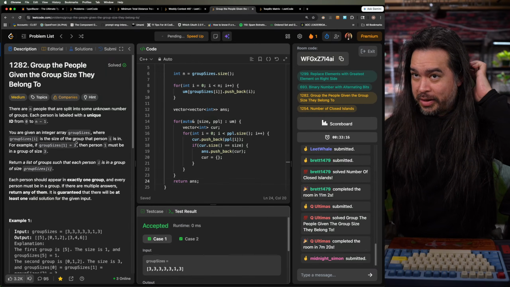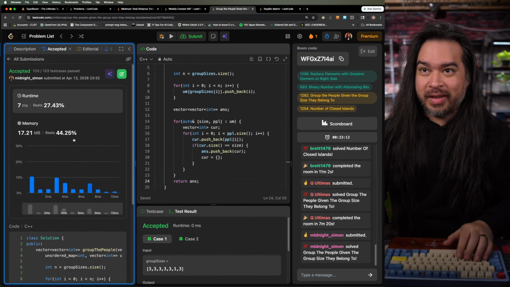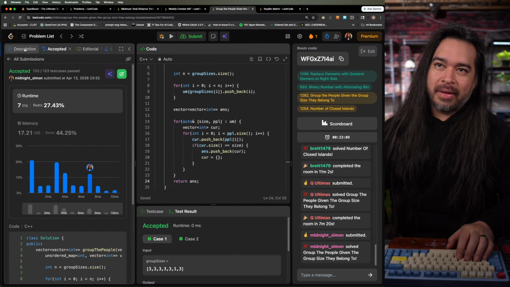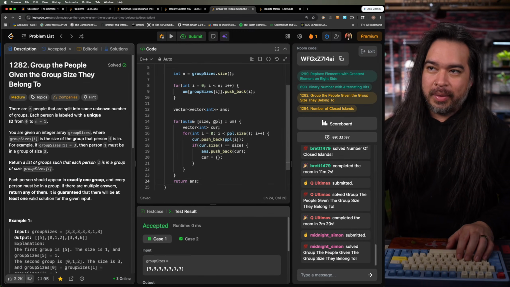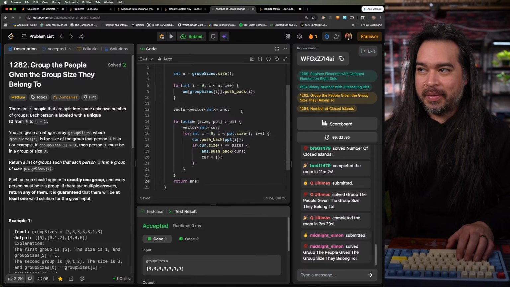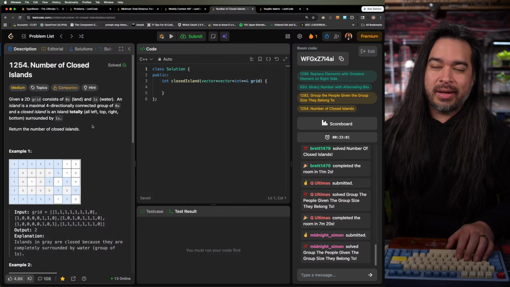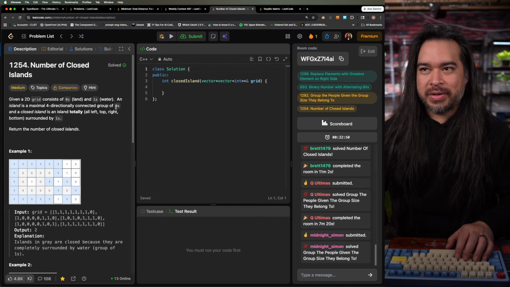All right, group sizes. Too easy, man. What they got next? Number of closed islands. Given a 2D grid consists of zeros and ones. 0 is land, 1 is water. Interesting.